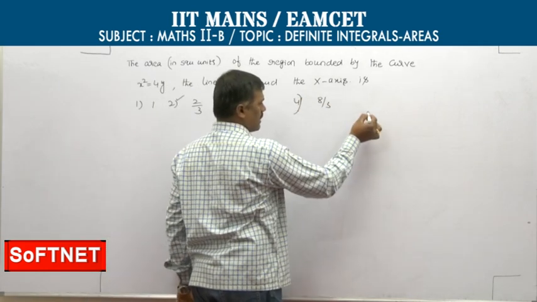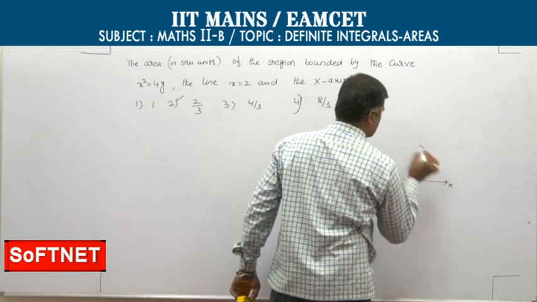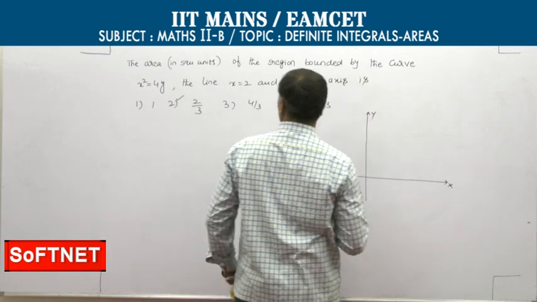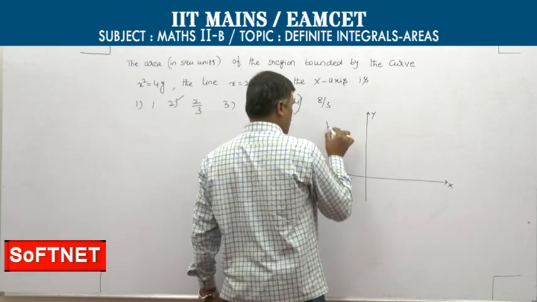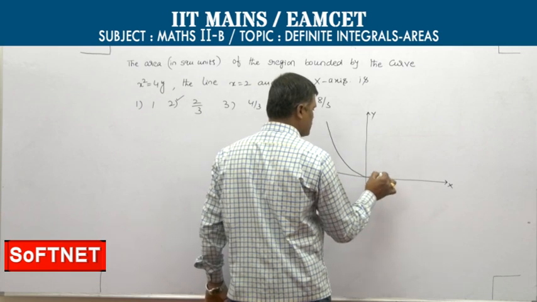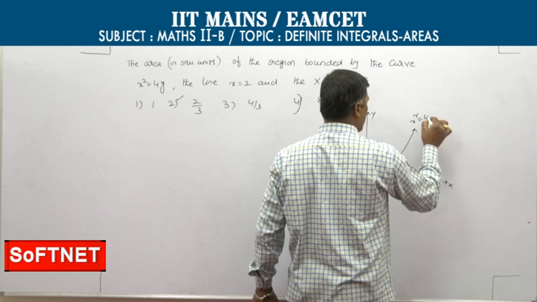So manam diagram draw cheddamandi. First x-axis, y-axis, the curve x square equal to 4y, which is in the form of x square equal to 4ay.